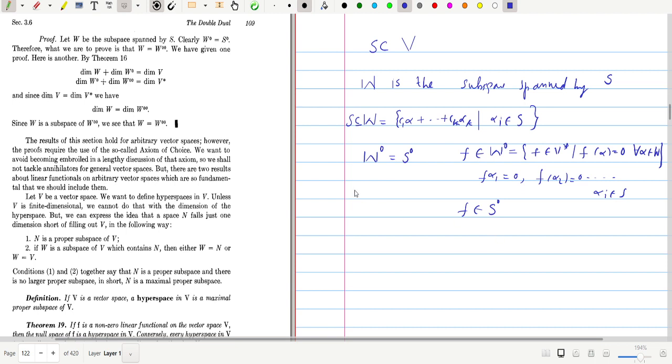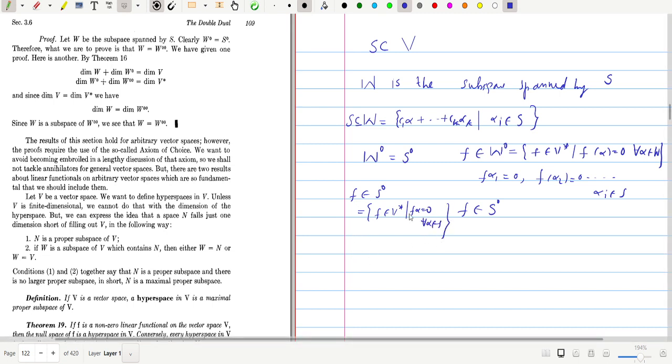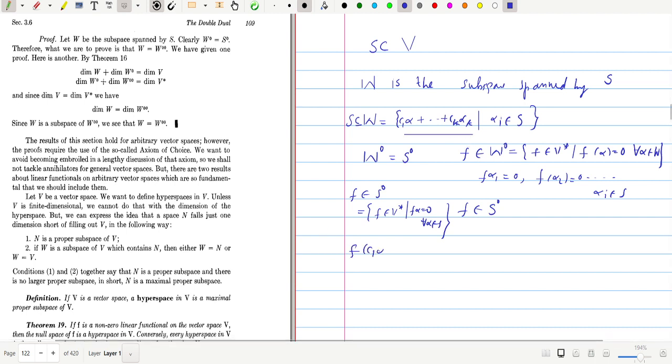On the other hand, if you choose an F from S naught, then what is the importance of this? S naught is the set of all F belonging to V star such that F of alpha equals 0 for all alpha belonging to S. Now consider an arbitrary element of W. Then what is F of C1 alpha 1 plus etc. Ck alpha k? This is equal to C1 F of alpha 1 plus etc. Ck F of alpha k.